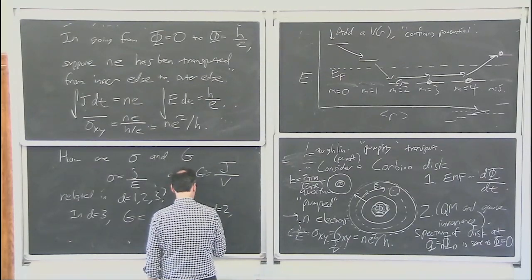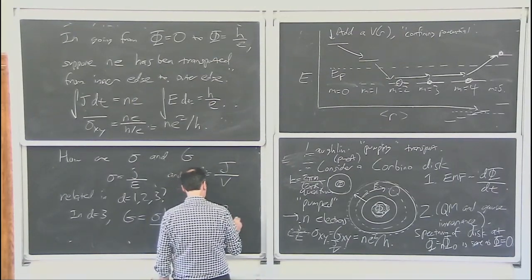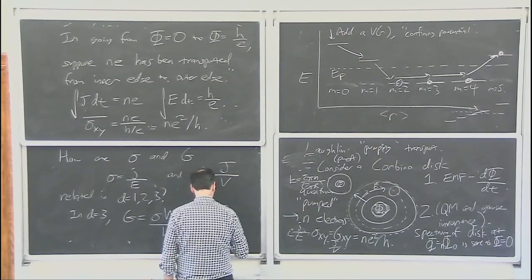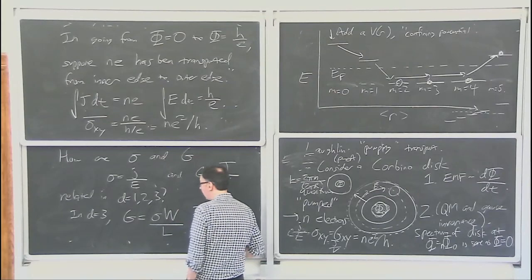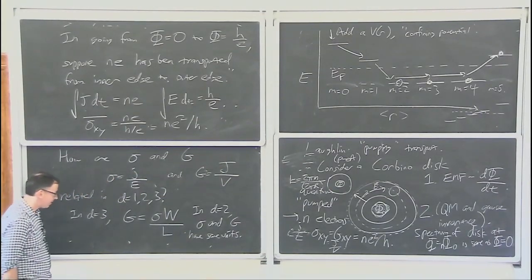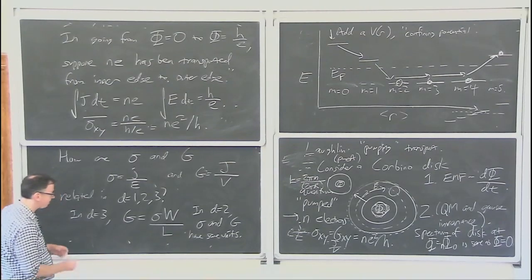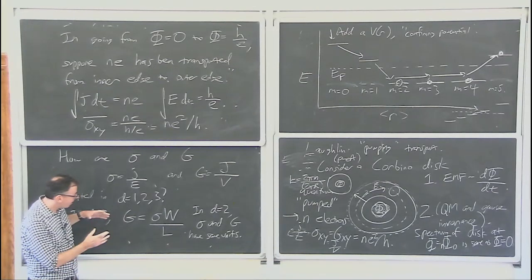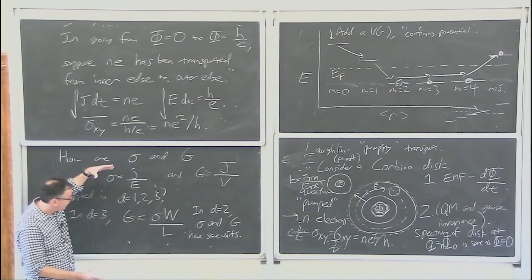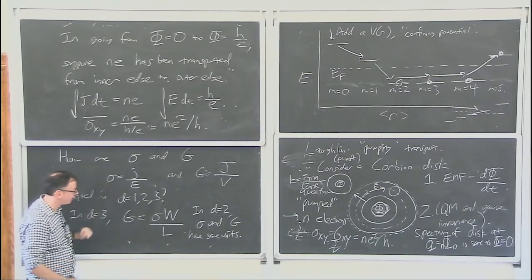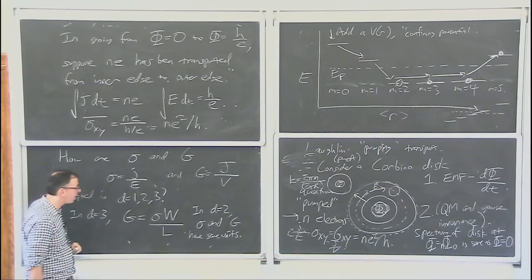So I'm saying in 2D, sigma and G have the same units. But sigma xx and gxx have different geometric dependencies because, for example, if I took a sample that was rectangular, I would find it had high conductance in one direction and low conductance in the other direction just because of geometry.